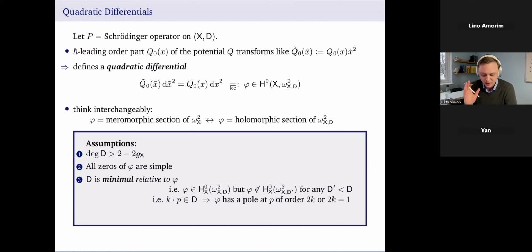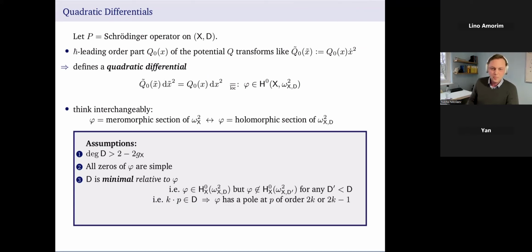What I call minimal with respect to phi just means that I cannot make the multiplicities of points in D any smaller whilst retaining my meromorphic quadratic differential with poles along D. Very concretely, if I have a point p in my divisor with some multiplicity k, then I'm going to assume that the quadratic differential that I've picked has a pole at p, and the pole order is either 2k or 2k minus 1.